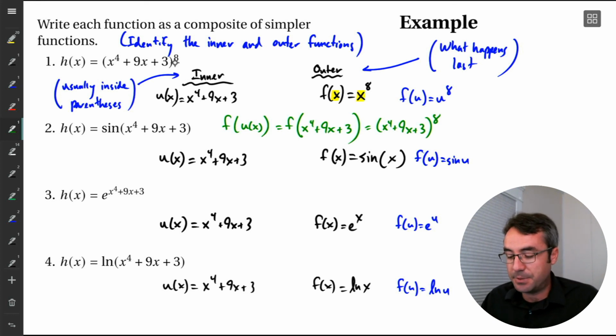Now, composition is something else entirely. So it's not quite any of our usual operations. Composition of two functions is something different. And so we have a special rule, which we're going to see, that will enable us to differentiate all these different functions.